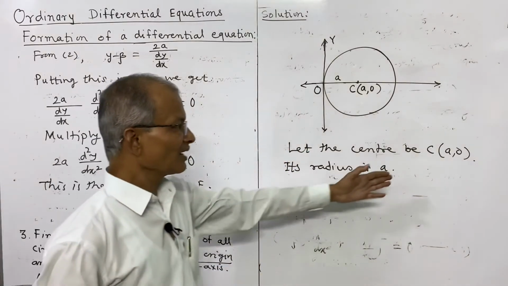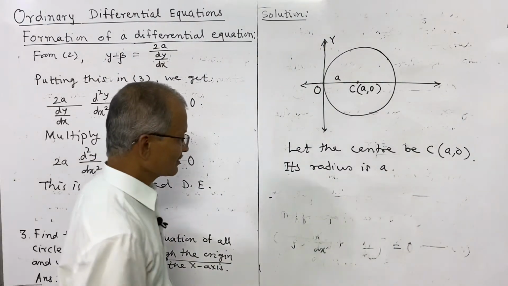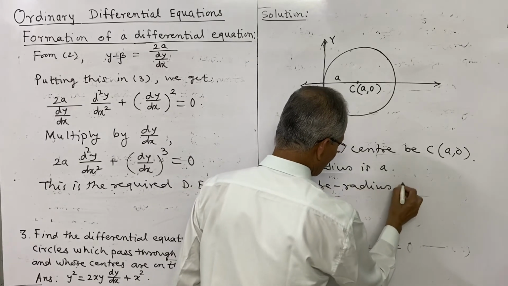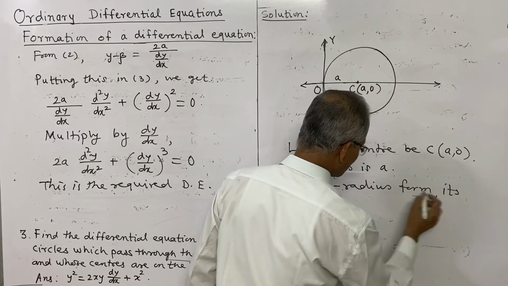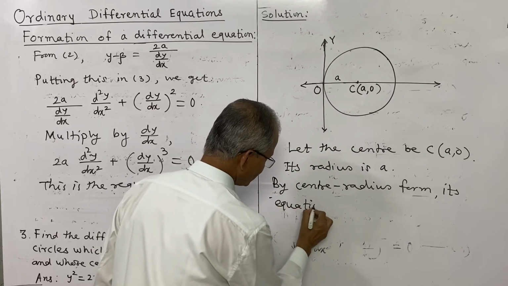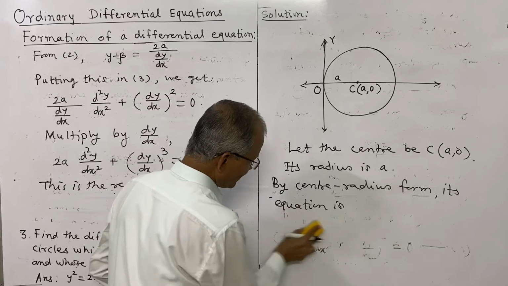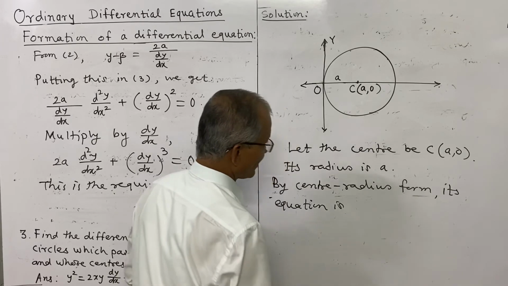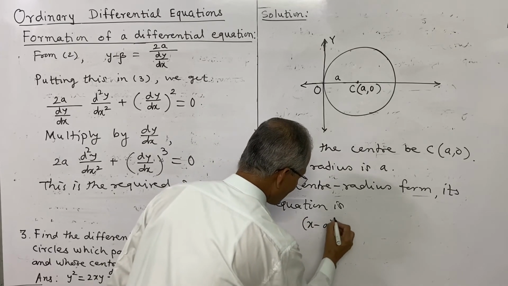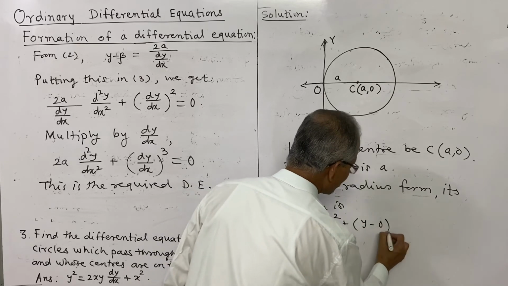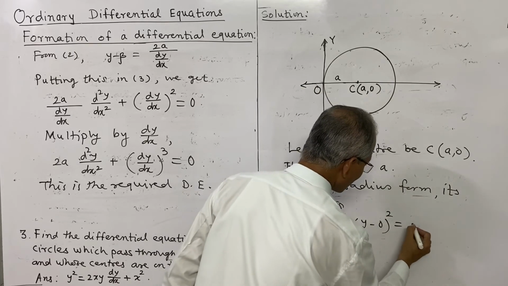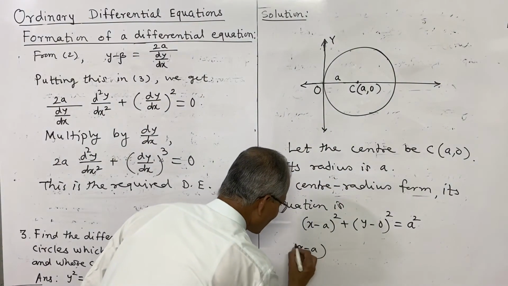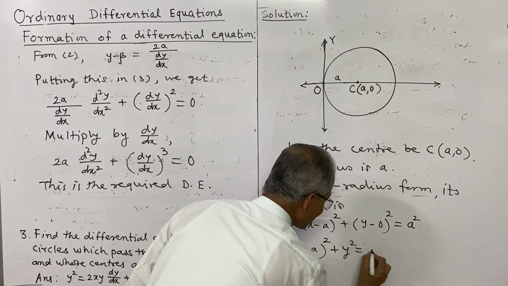By the center radius form we can easily write the equation of the circle. Its equation is, what is the center radius form that we know: x minus x coordinate of the center, that is x minus a whole square, plus y minus y coordinate of the center, that is 0, whole square, is equal to radius square, or this is x minus a whole square plus y square is equal to a square.